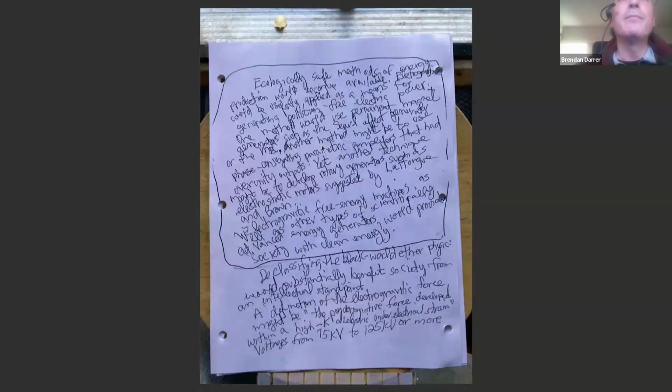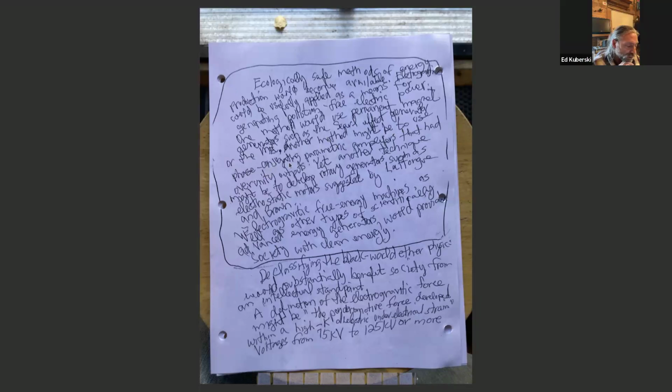Another method might be to use phase conjugating parametric amplifiers that had over unity outputs.